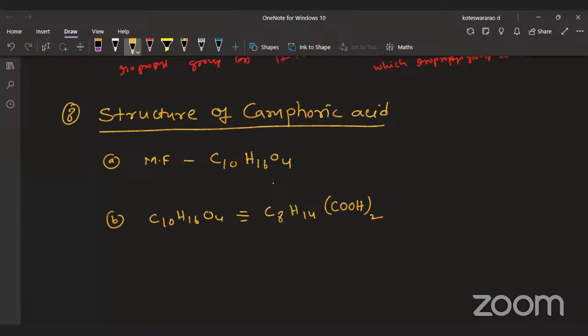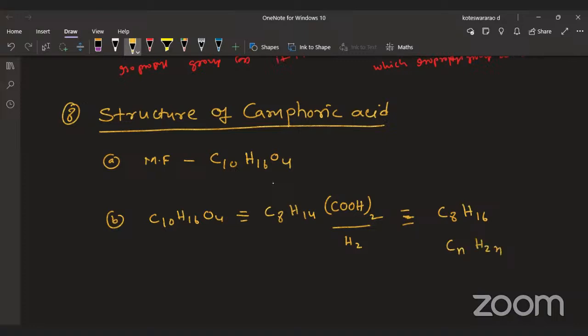This is the dioic acid, and both acid groups are treated as replacing two hydrogens. Now the fully saturated structure is C8H16.